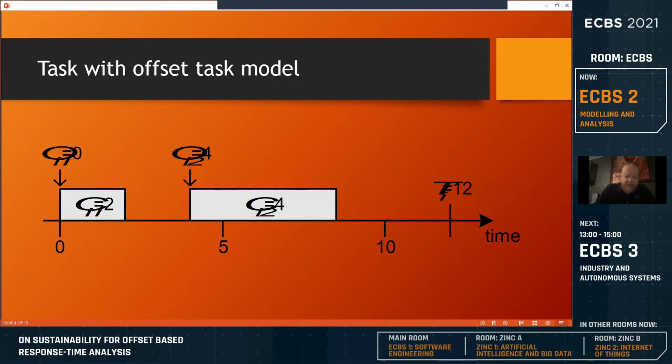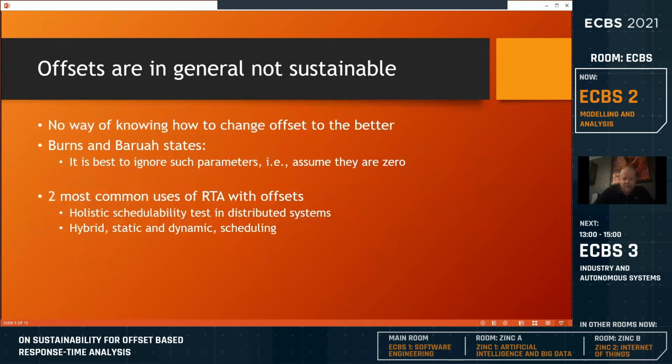Here it becomes that at least one task out of every transaction coincides with the critical instant. So either this task coincides with the critical instant, or this task coincides with the critical instant. And from that, we go into talking about offsets in general, and they are not sustainable.